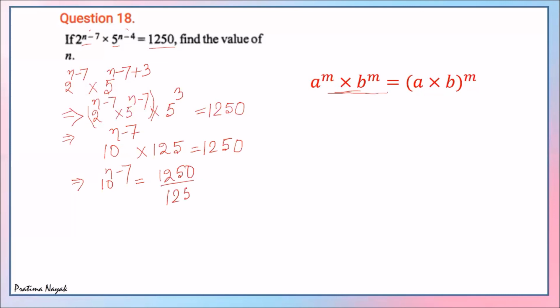How much is this? This is 10, or 10 raised to the power n minus 7 is equal to 10 to the power 1. Now the bases are equal, I can make the exponents equal. So n minus 7 is equal to 1. So n is equal to 8.